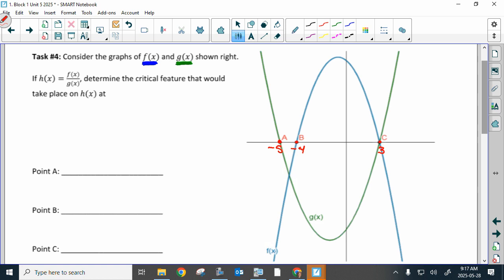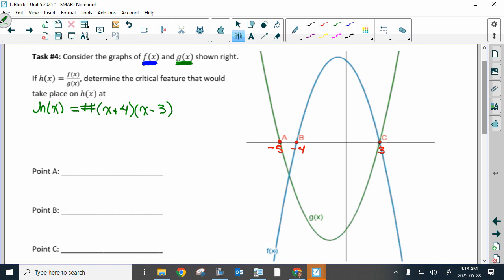Yeah? Okay, let's look at f of x. F of x is going to have some a value. I don't know what it's going to be. But for my h of x, my f of x is going to have factors at x plus 4 and x minus 3. Do you guys agree? And then there's going to be some stretch factor in front, and it doesn't matter.